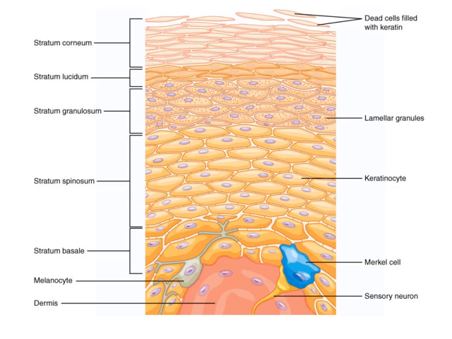Next to the stratum basale, which is usually one cell or two cells thick, you have stratum spinosum. Stratum spinosum is filled with several layers of cells, which we can call keratinocytes. So they're slowly getting filled up with keratin. Then the next layer is the stratum granulosum.